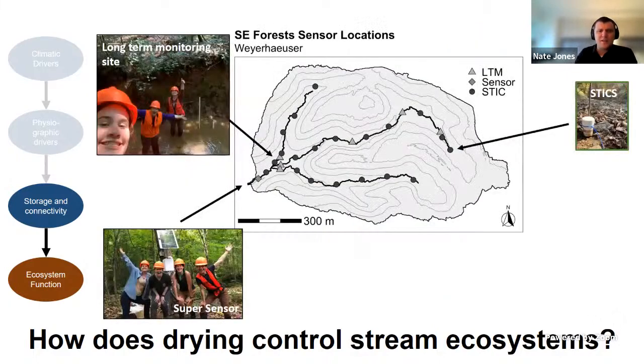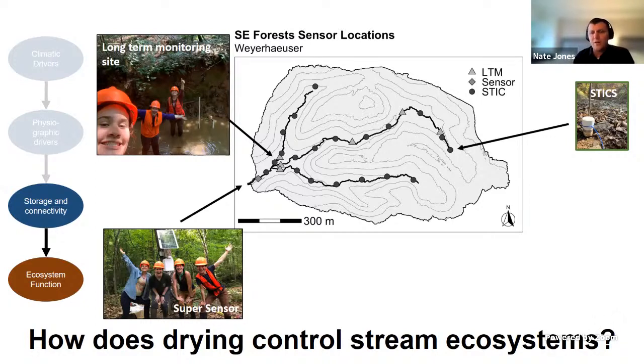In each of these sites, we have a ton of instrumentation out. At the outlet of the watershed, we have what we call the super sensors. So we're measuring everything from continuous nitrate and dissolved oxygen to conductivity, pH, and temperature. Throughout the watershed, we have 8 long-term monitoring stations where we do regular synoptic sampling.